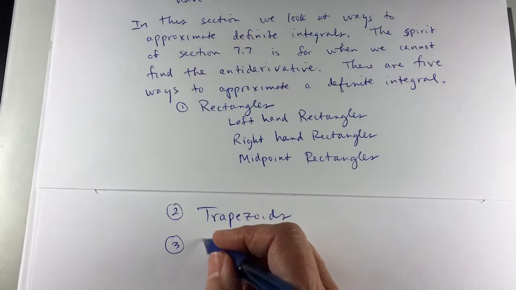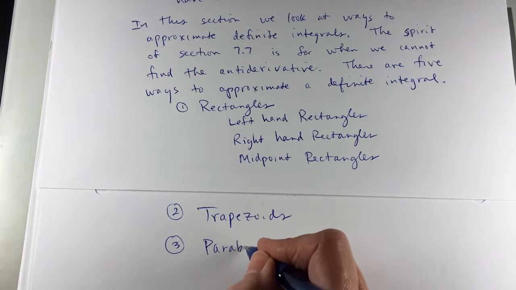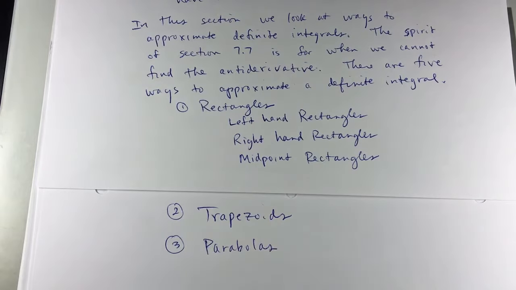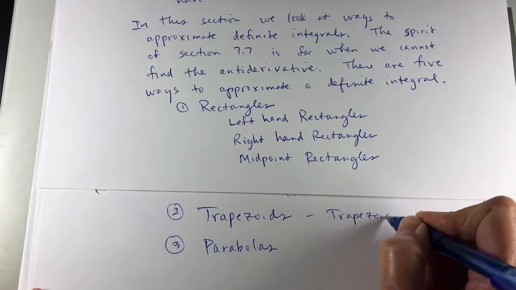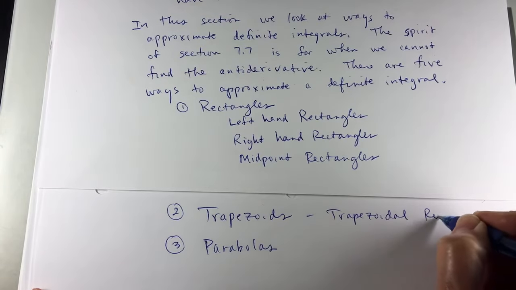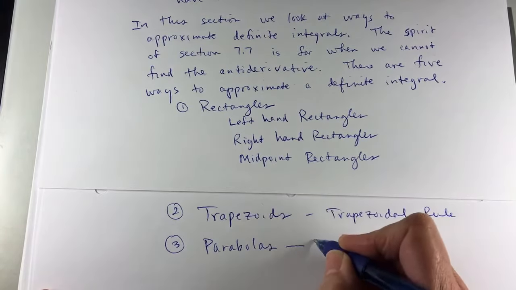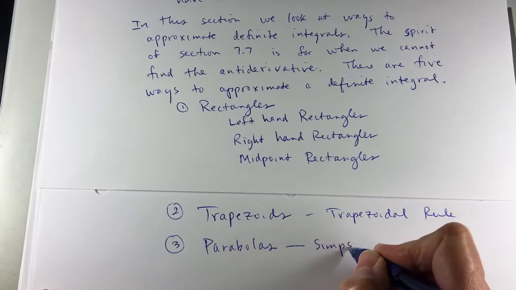Okay, the third thing I could use is parabolas. If I use trapezoids, that's called the Trapezoidal Rule. If I use parabolas, that's called Simpson's Rule.